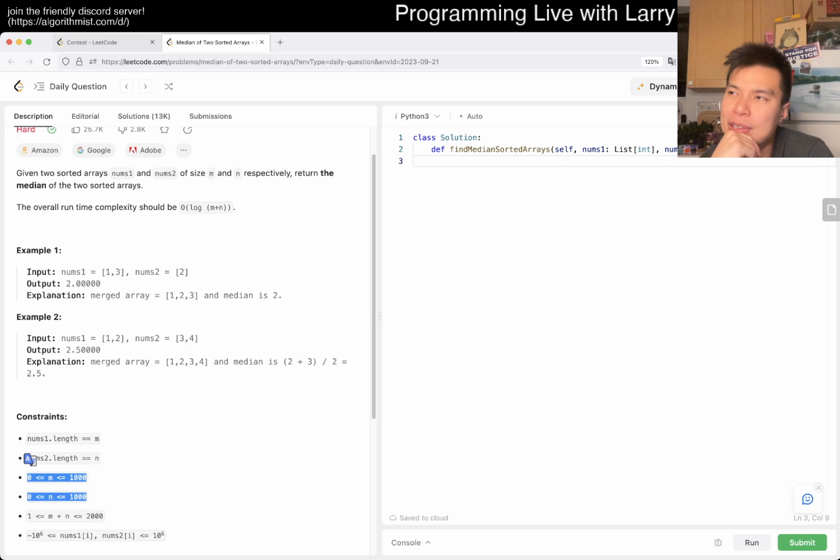Let's say we're given a number, right? Then we could do two binary searches, one on the M array and one on the N array, and that gives us a number.